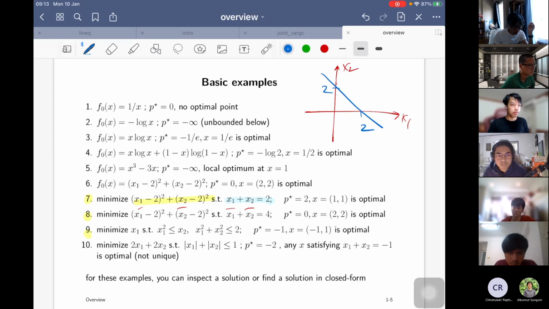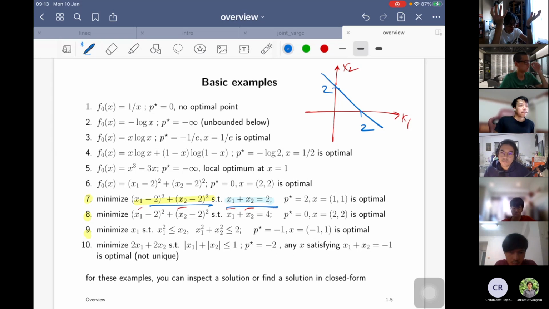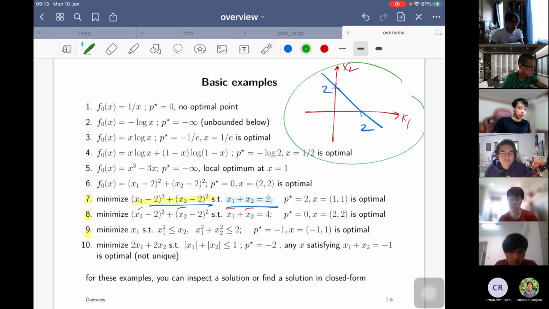So the constraint set is all the members on this line. Now if you minimize this, you have to imagine there's a bowl. I'm not sure if you can visualize this. This line is going to be your constraint set, and the function value will grow as a surface.